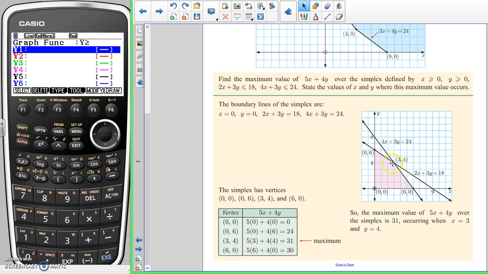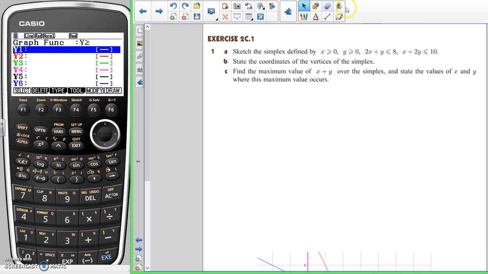So (3, 4) will be our maximum point for this one. To finish this off, the maximum value of 5x plus 4y over the simplex, which is this, is 31, occurring when x is 3 and y is 4.